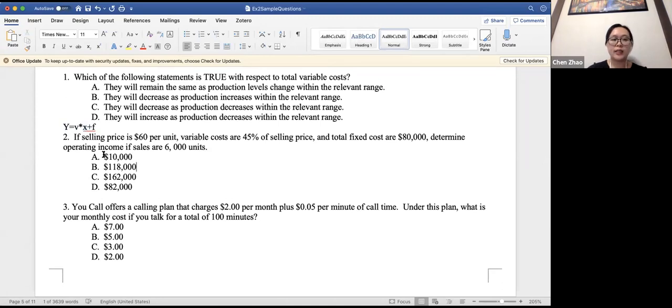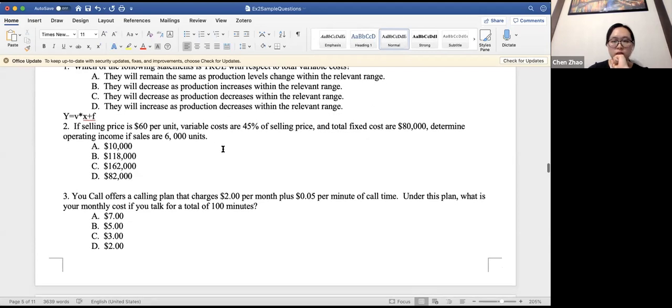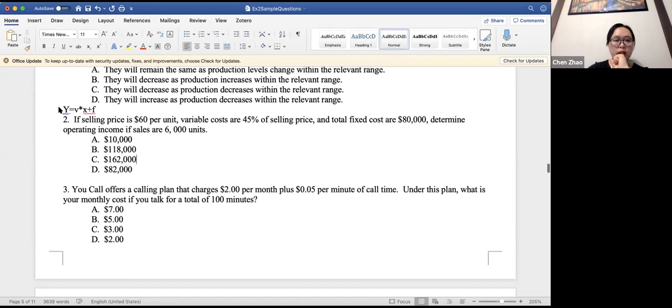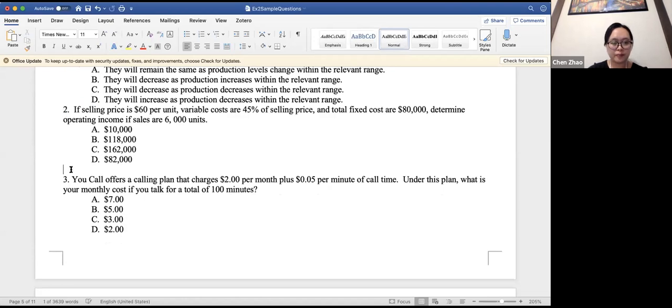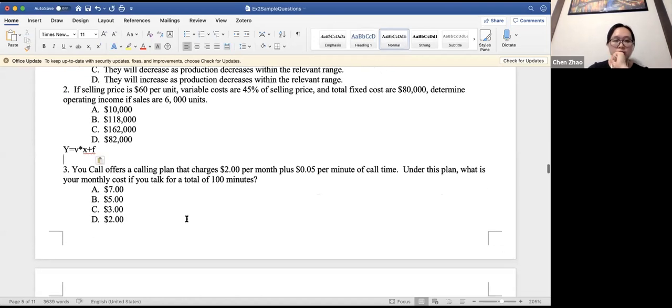Let's do a very simple example here. Question 2 is to determine operating income if sales are... oh no, I'm sorry, this is not it. Question 2 is a little more complicated. Let's look at question 3.